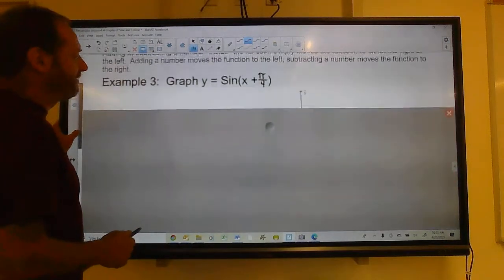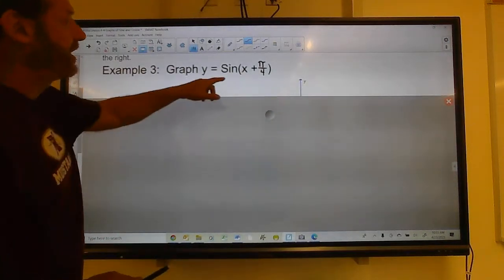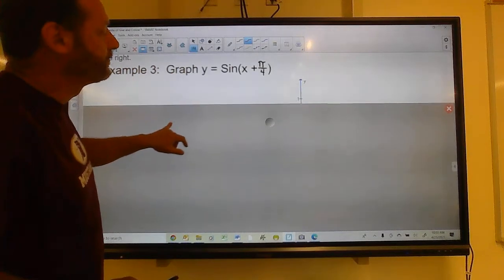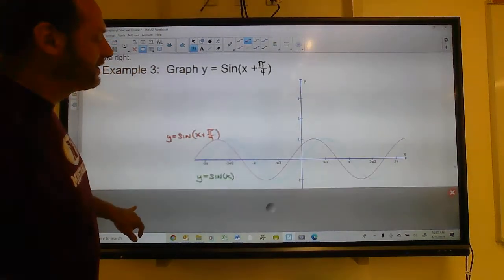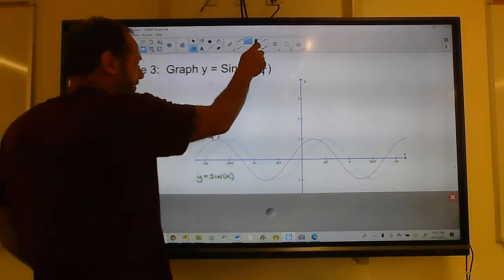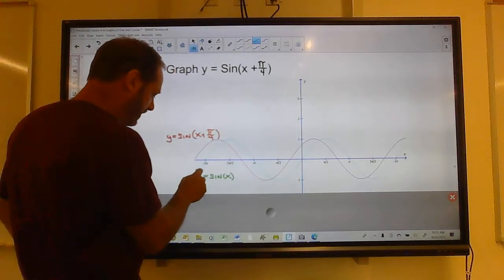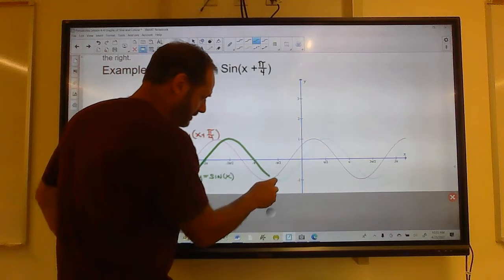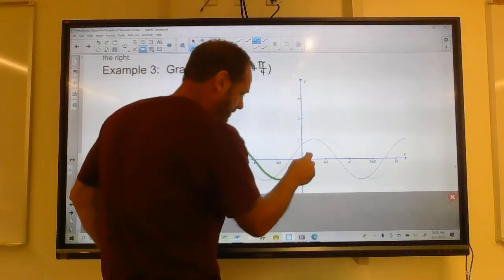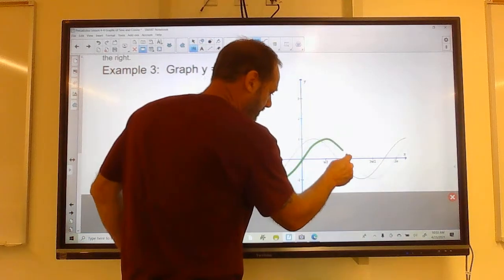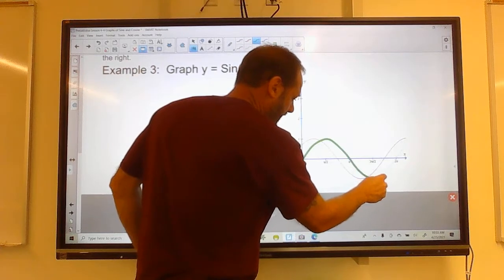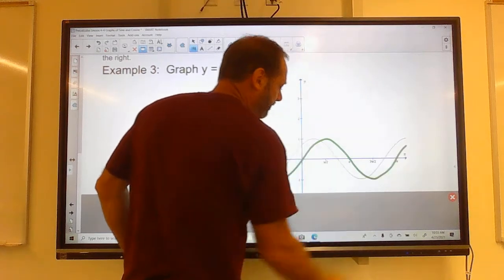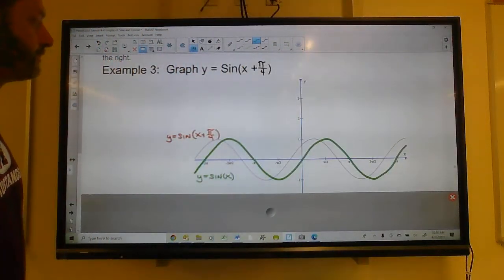So if I have sine x plus pi over 4, okay, that's going to take my sine function, which is the green one right here, and I always like to graph from negative 2 pi to 2 pi.